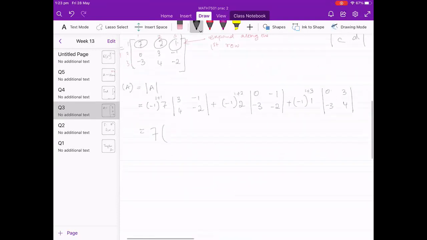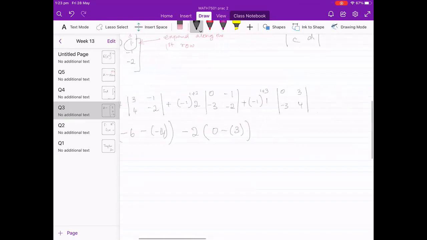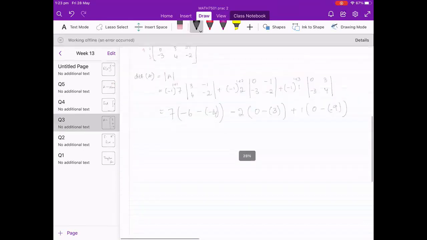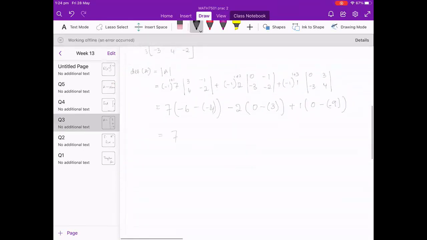So using that formula, you have 3 times minus 2 is 6 minus minus 1 times 4. Then minus 1 to the power 3, which is minus 1, so it's 2 times 0 minus 3, that's plus 1 times 0 minus minus 9, which is 7.